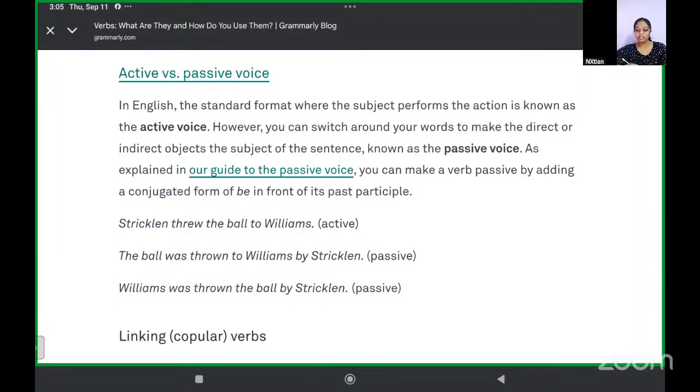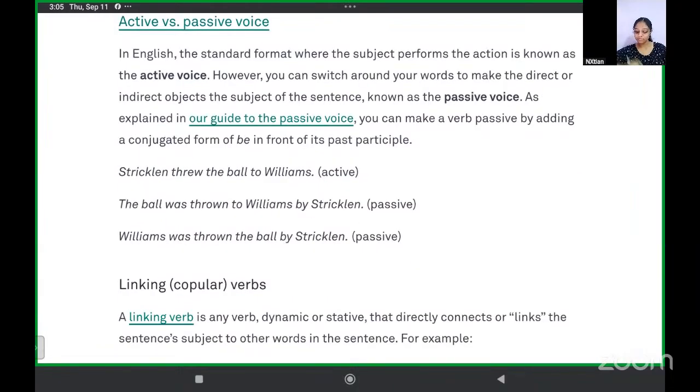Passive voice. Something is happening to the subject. Passive voice, indirect. Strickland is such a funny name, right? But fine. Strickland.